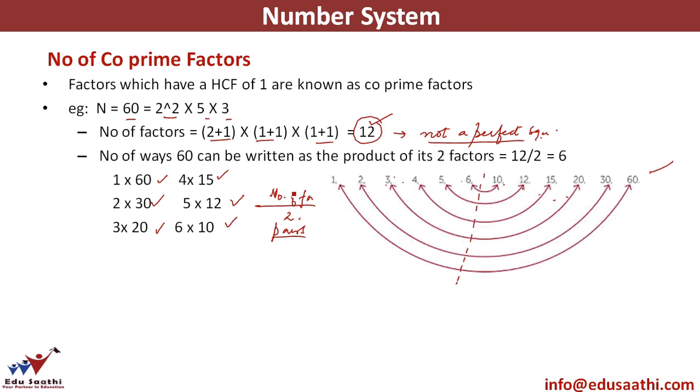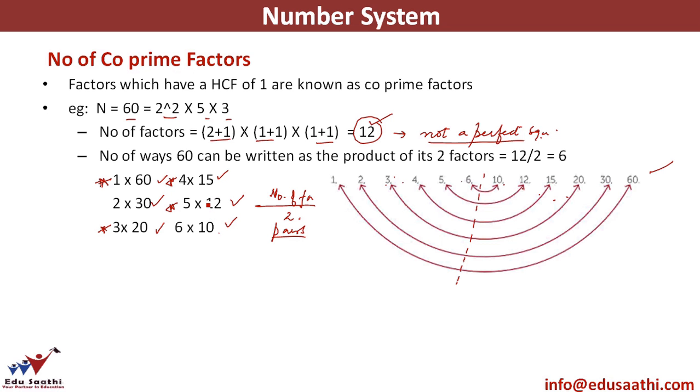Now out of these pairs, certain pairs have an HCF of 1. Those pairs are known as pairs of coprime factors. So 60 and 1 have an HCF of 1. 2 and 30 do not have an HCF of 1, they have an HCF of 2. 3 and 20 have an HCF of 1. 4 and 15 have an HCF of 1. 5 and 12 have an HCF of 1. 6 and 10 have an HCF of 2.